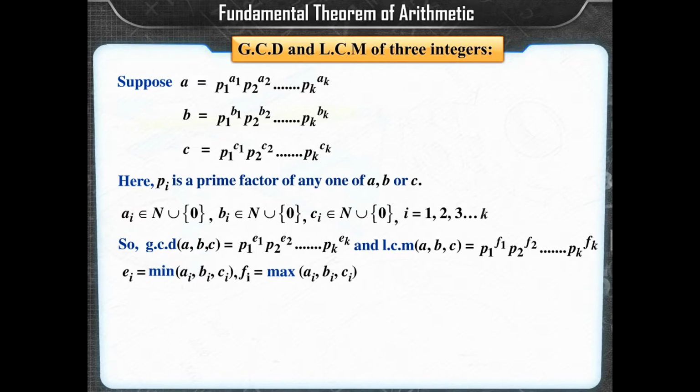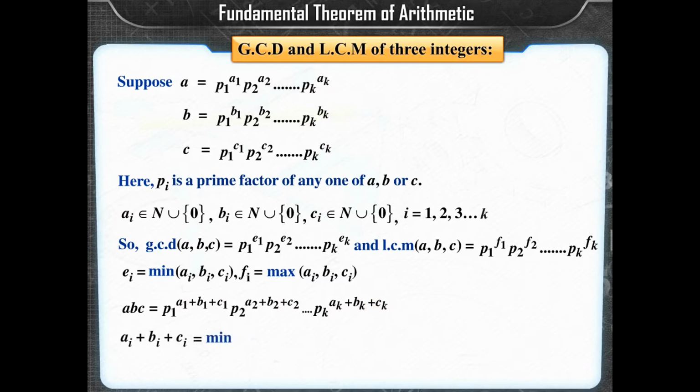Fi is equal to maximum of Ai, Bi, Ci. ABC is equal to P1 raised to A1 plus B1 plus C1, P2 raised to A2 plus B2 plus C2, up to Pk raised to Ak plus Bk plus Ck.